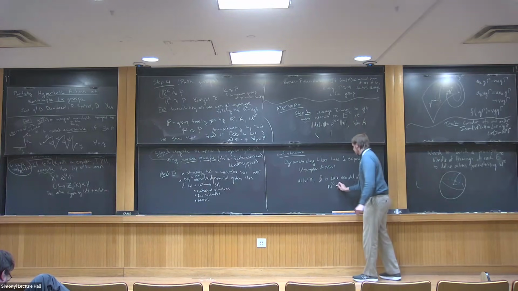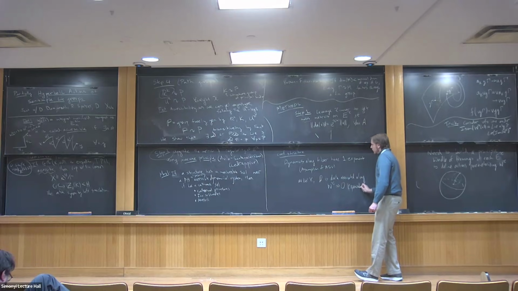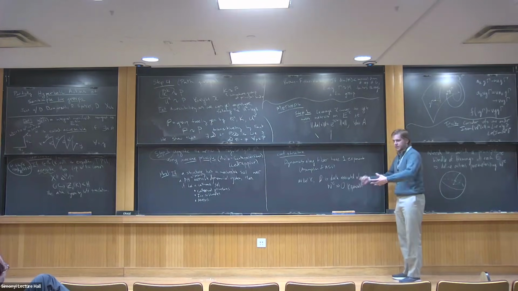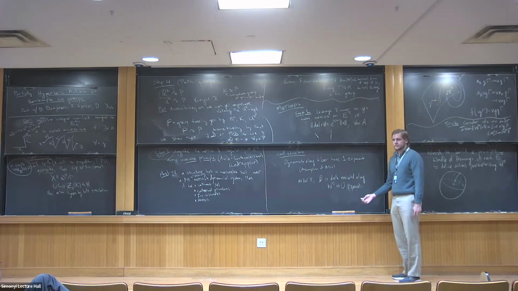Then this implies that I, in fact, have better than one exponent. I really have zero exponents. And this is the key thing that makes this argument tick. Without this, we wouldn't be able to cite their tools.